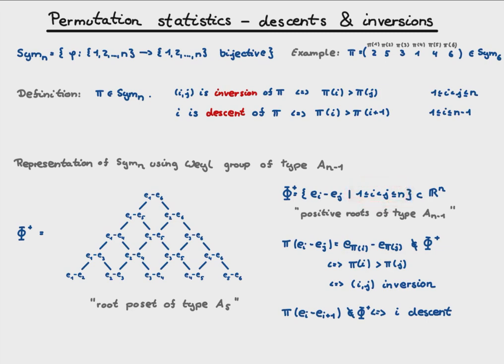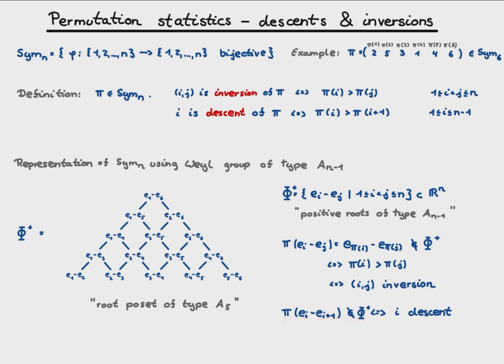The same arguments can be used to transfer the definition for i being a descent of pi to pi of e_i minus e_{i+1} not being an element in Phi plus.